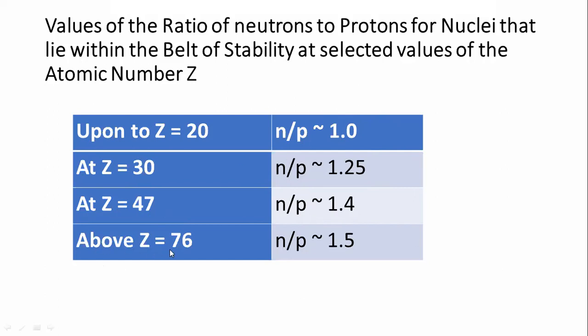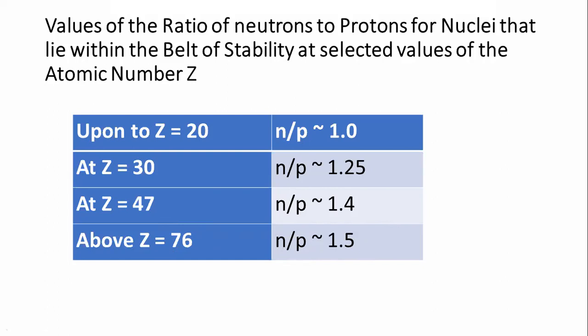Similarly, above atomic number 76, the neutron and proton ratio is around 1.5, and the nuclide would be stable if the ratio is 1.5 or less. So 1.5 or less, these are stable nuclides. If it is more than 1.5, then it would be radioactive.